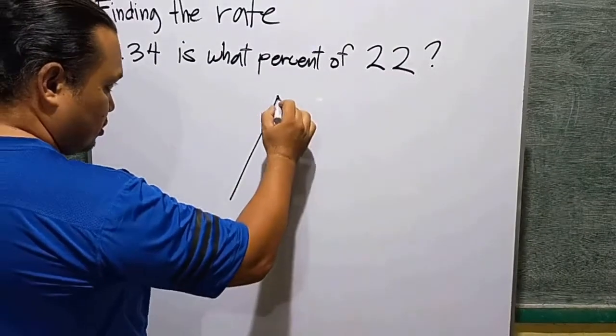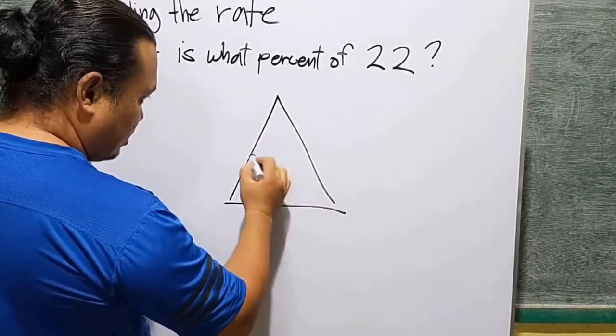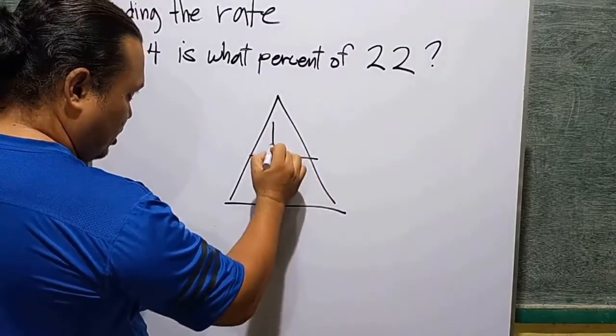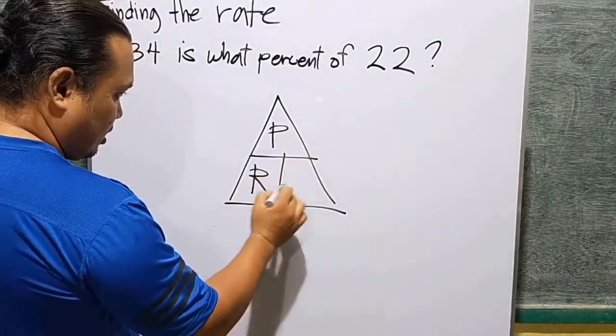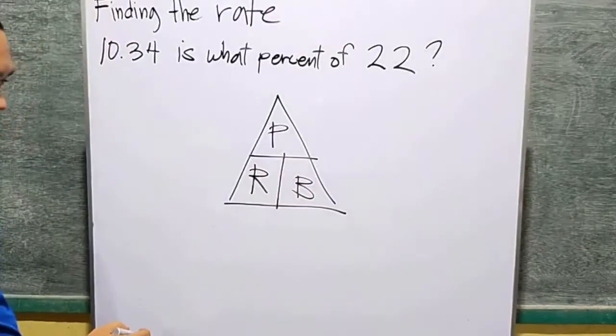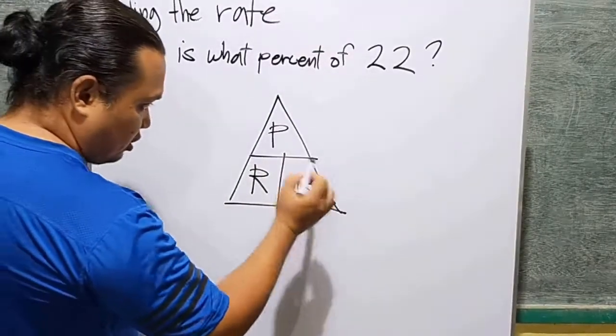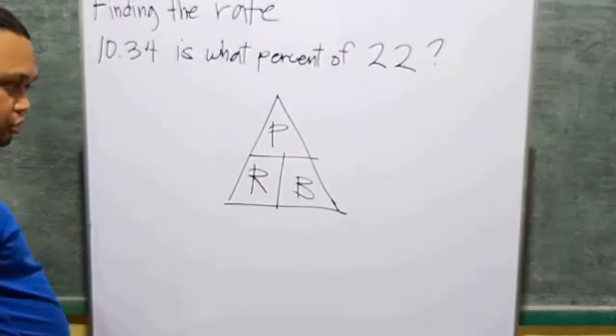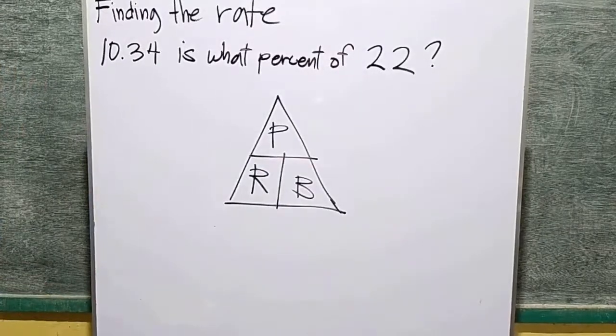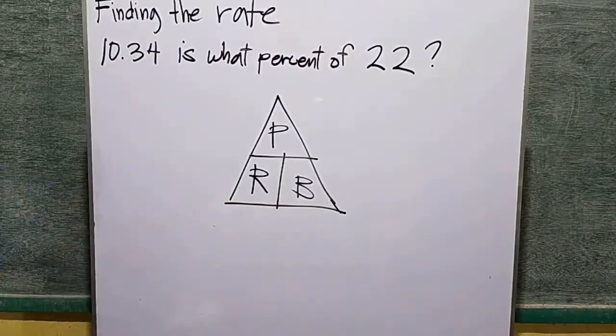Now using the Decans triangle, we have here the P, the R, and the B. This is the Decans triangle in which P is the percentage, R is the rate, while B is the base.